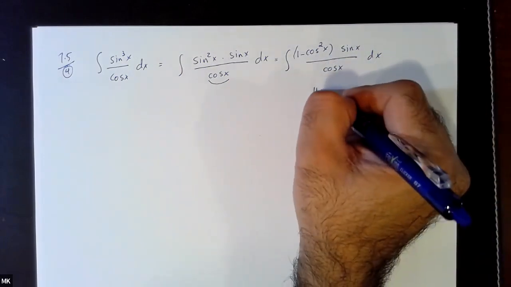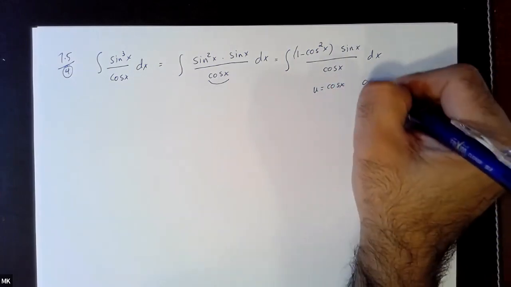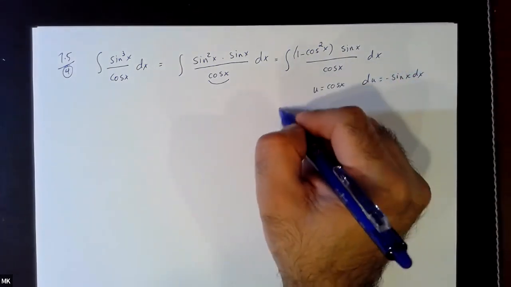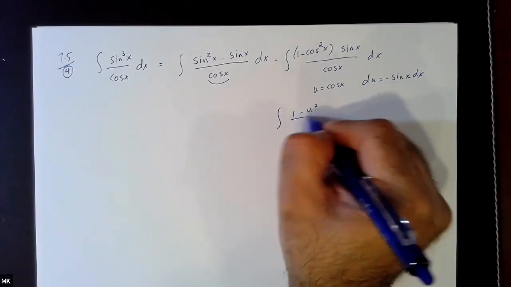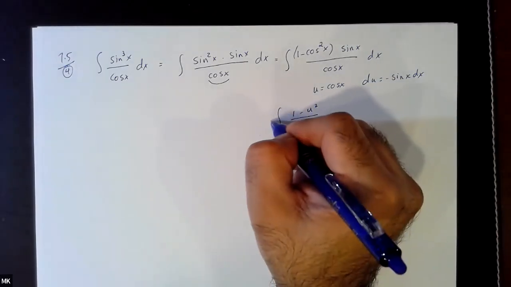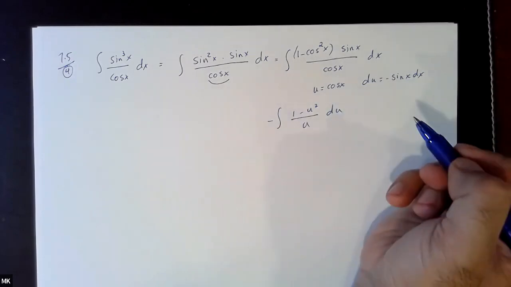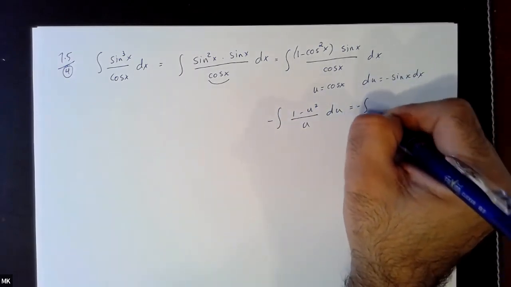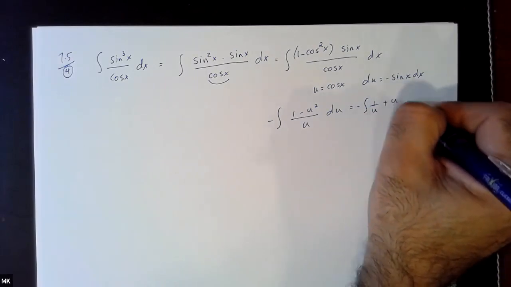So as I said, let u be cosine, du is negative sine dx. So it is 1 minus u squared over u, minus du. And when you get to this, yeah, split it, of course. 1 over u plus u du.